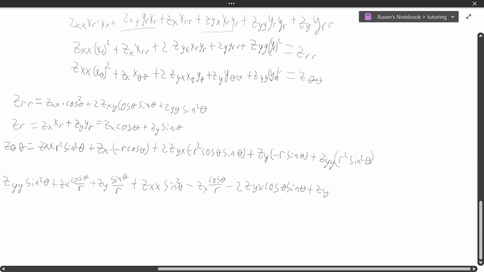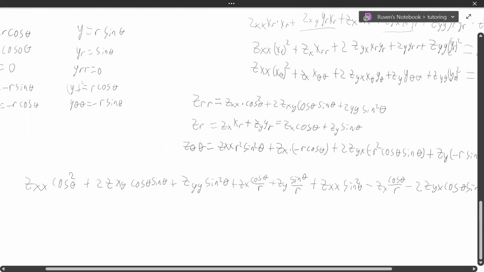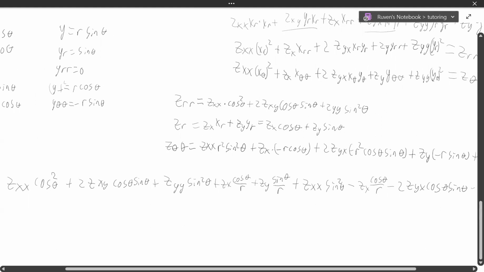Plus z_y minus z_y sine theta over r plus z_yy sine squared theta. Let's start simplifying things, guys. The happy moments in life when we get to simplify. So over here, 2 z_xy cosine sine theta, negative 2, bam, canceled.